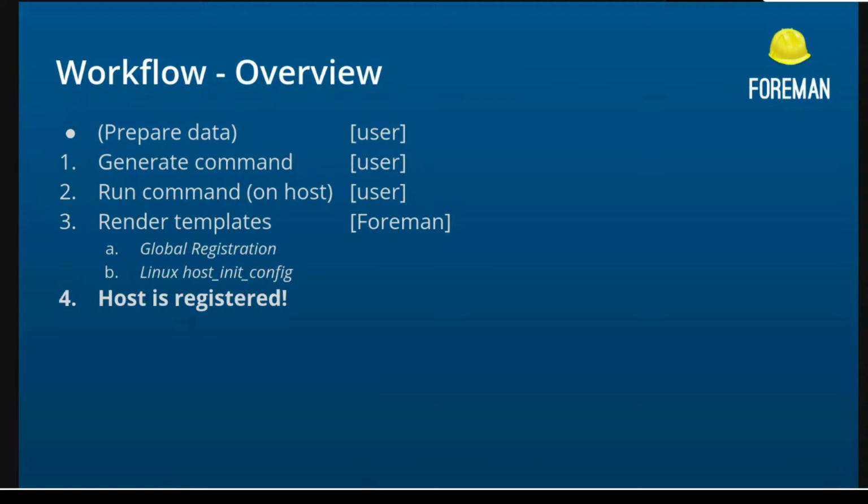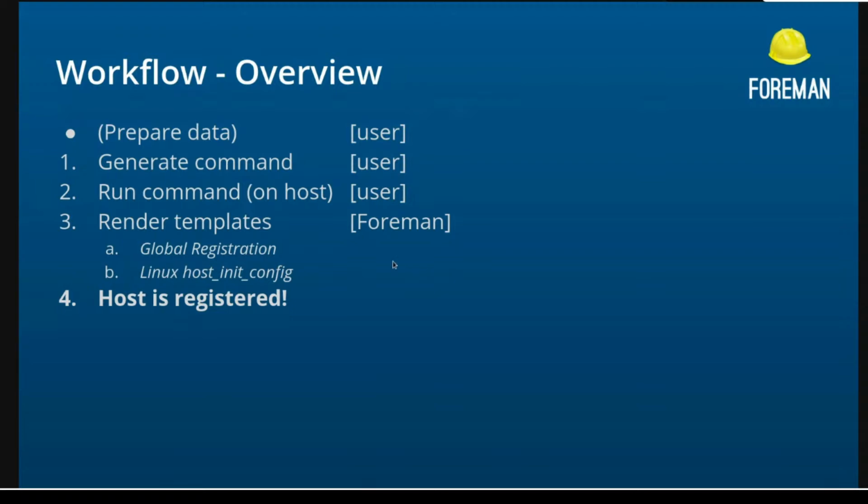Then the third step is Foreman. When we run the command on the machine, we will run the templates. The first template is global registration. The second one is the Linux host initial configuration template.